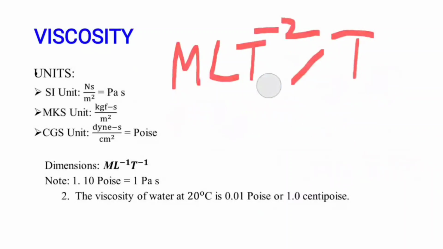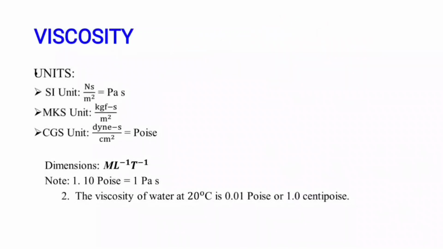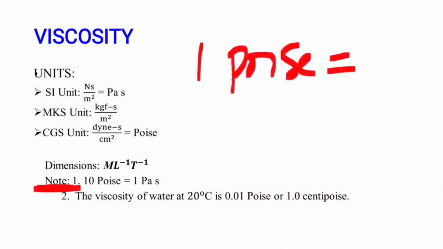Next one is a note. You have to remember these points for your problems or in direct MCQs also. One poise is equal to 1 by 10 Pascal second.